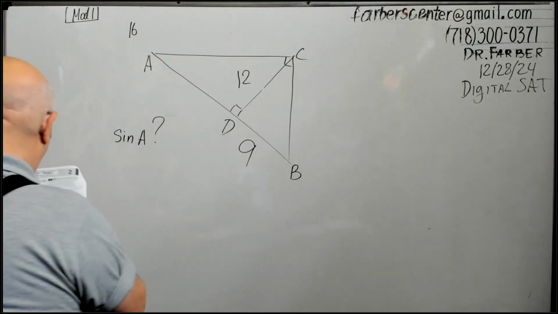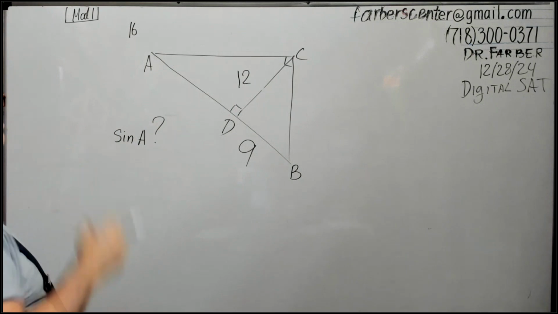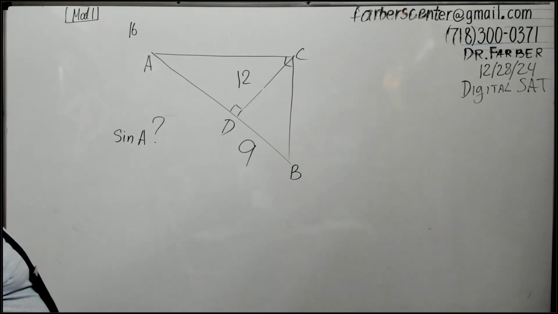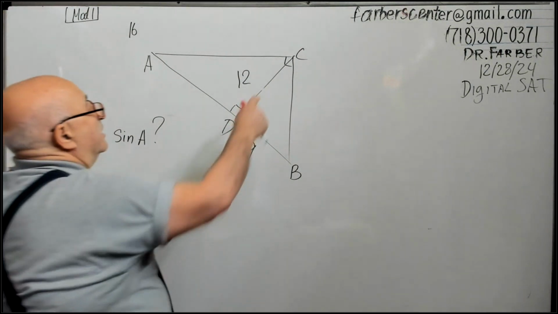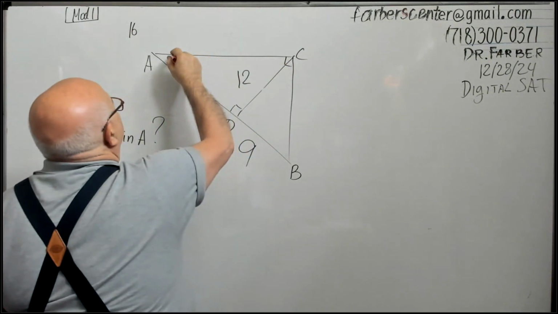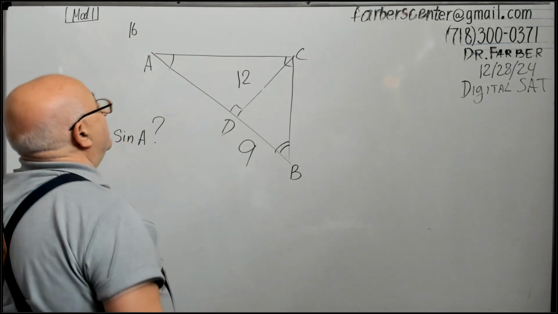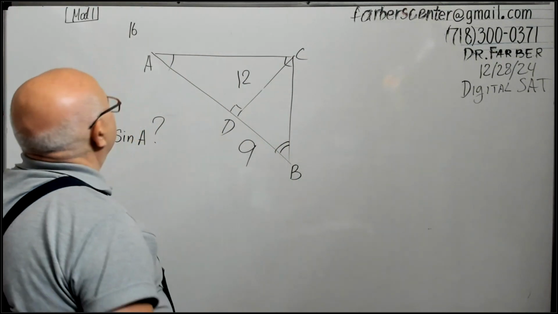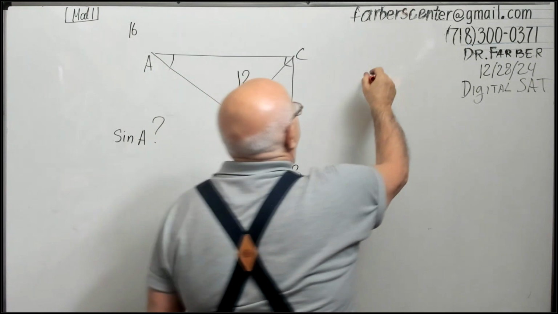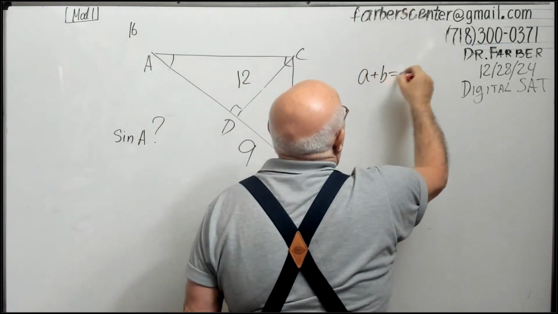Okay. To find sine of A, we don't have opposite over hypotenuse, we don't have this information, but you know this: since this is a right triangle, these two angles represent cofunctions, right? Because they are complementary. You know that A plus B equals 90.